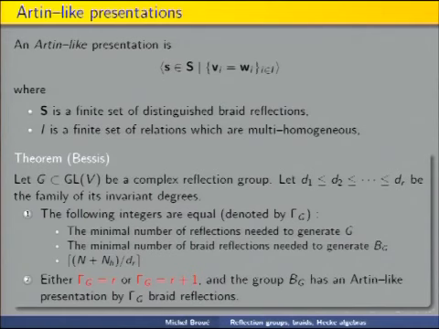So if you start with the presentation of the braid group, you get a presentation of the finite group by just adding the requirement on the order of the reflections. That's all. All right, so this is a general theorem which is almost free of classification, which is something very noticeable in this area.